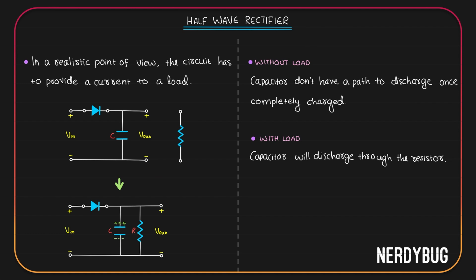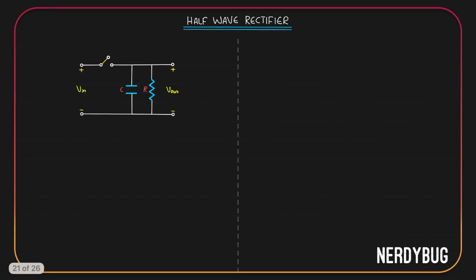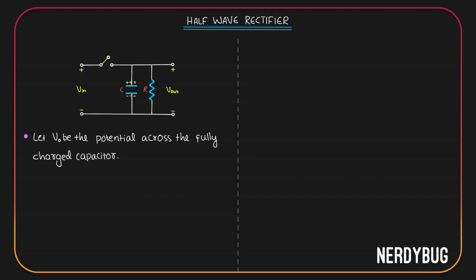Before we move on and see how the output voltage will look like, there is a small concept we have to learn. Assume that the capacitor got completely charged, diode is now in reverse bias forever, and it is replaced as an open circuit. Now, since the load resistor is here, capacitor is going to discharge through the resistor.